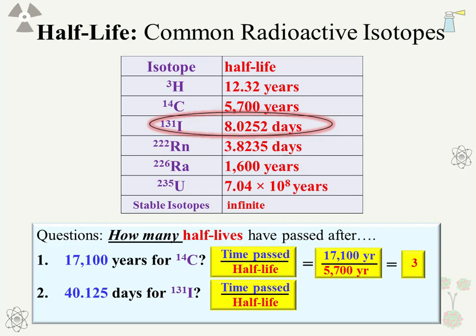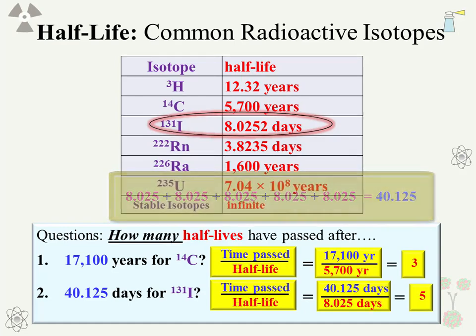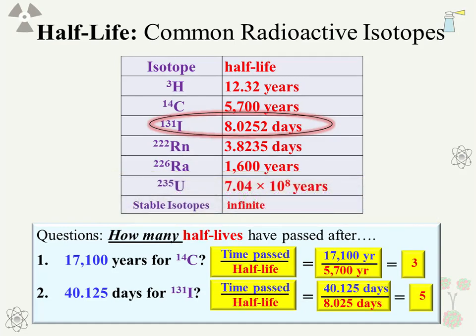Clearly, I-131 is much more unstable of an isotope than carbon-14. The ratio of time passed, 40.125 days, divided by the half-life, 8.025 days, is 5 half-lives. Again, there's no limitation that the value has to be a whole number.